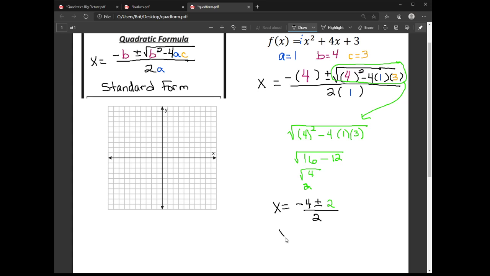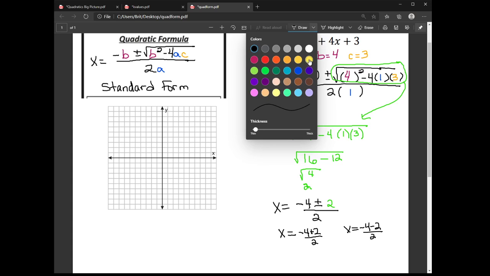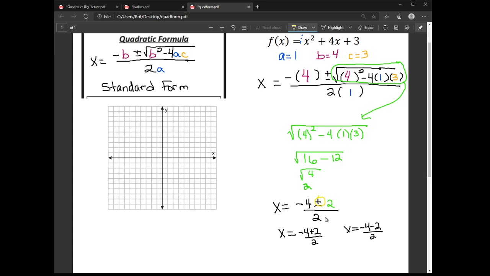So then I'm going to simplify this again by dividing each of these terms by 2 if I want to, or I can split it into 2 equations. I'll split it into 2 equations first. One where there's negative 4 plus 2 over 2, and one where there's negative 4 minus 2 over 2. Okay, that's what that plus or minus does, it breaks your equation into two equations.